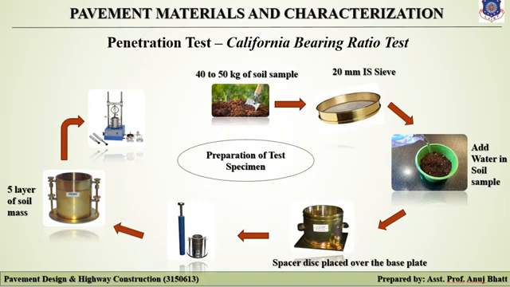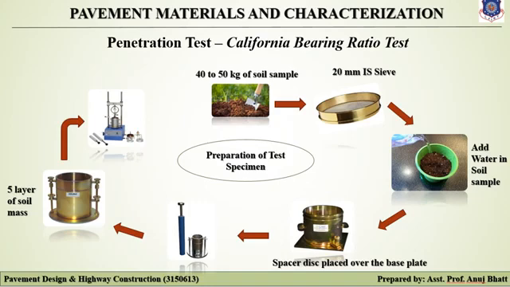Now the estimated quantity of dry soil required to prepare one CBR test specimen is weighed and placed in the tray or a pan.